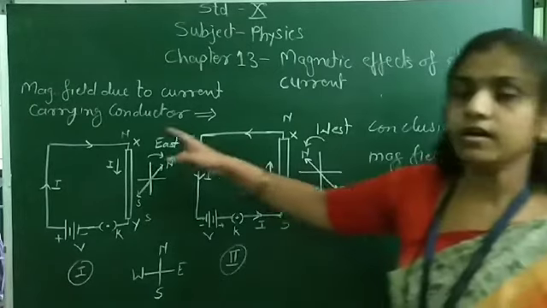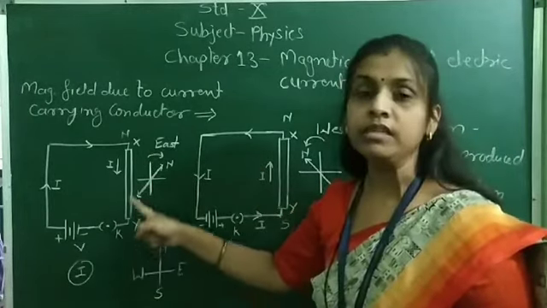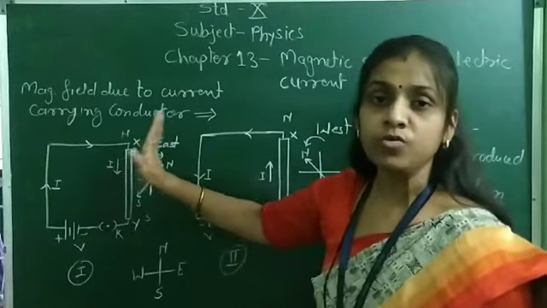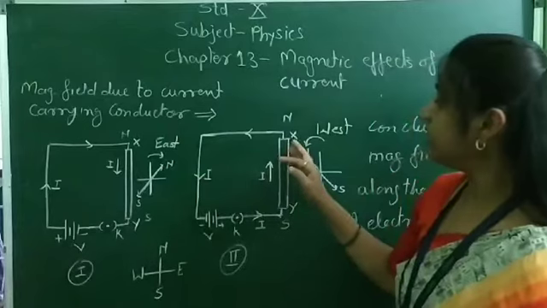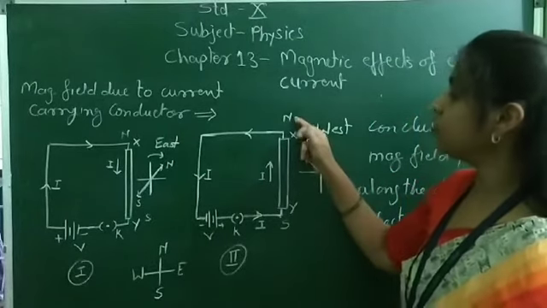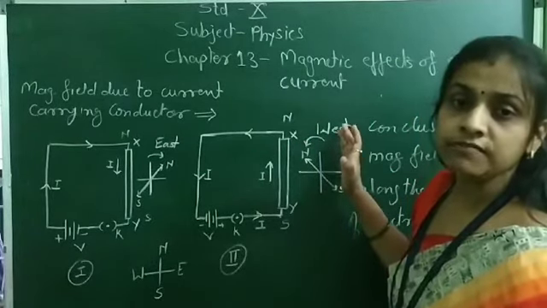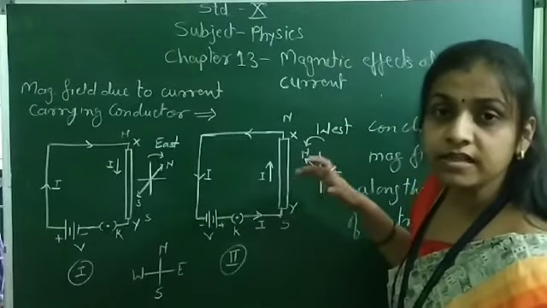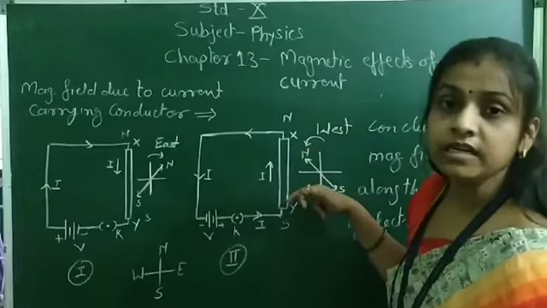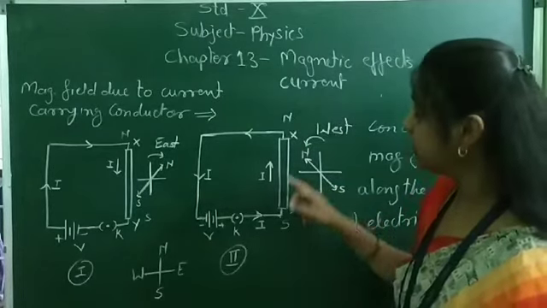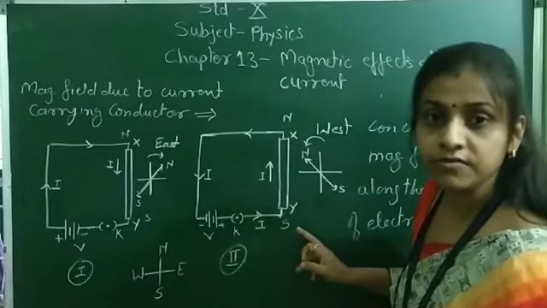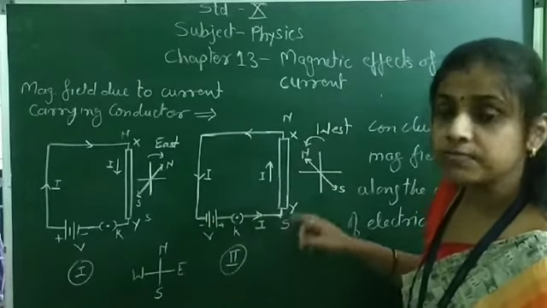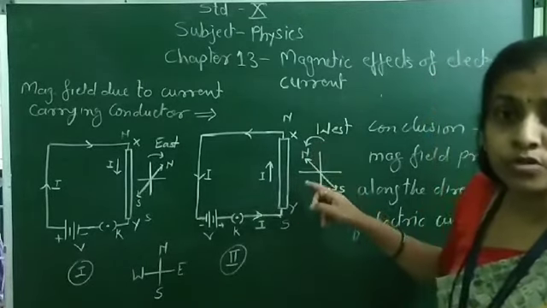When the electric current flows from north to south, the compass needle is deflected towards east, and whenever the electric current flows from south to north, the compass needle is deflected towards west. Therefore the deflection in the needle is opposite if the direction of the electric current gets reversed.